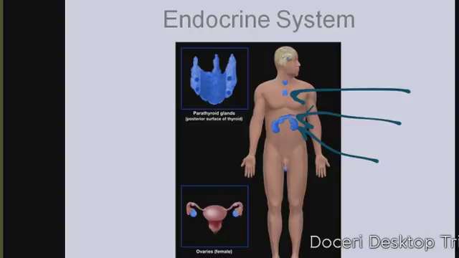Here we have your thyroid, which also includes your parathyroid glands. The darker dots right there are the parathyroids. In the head, we have several glands. We have 3 glands other than the pituitary.